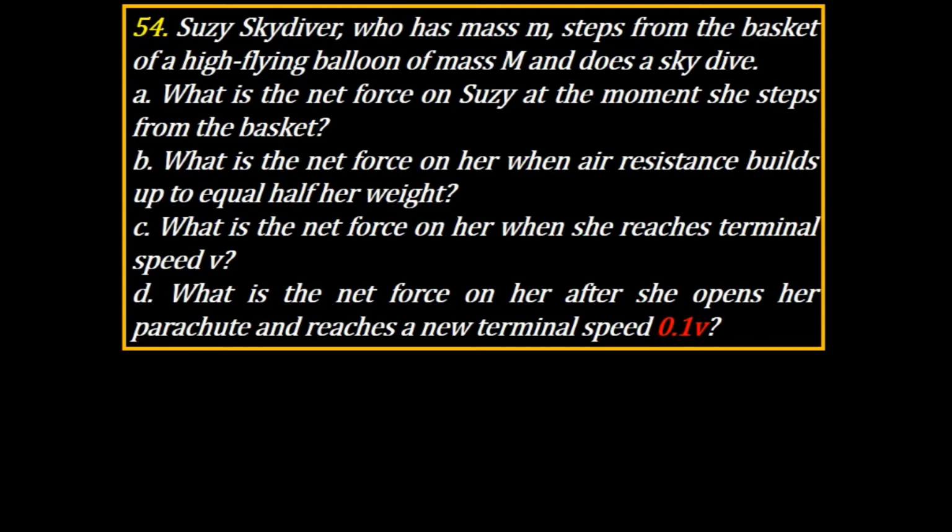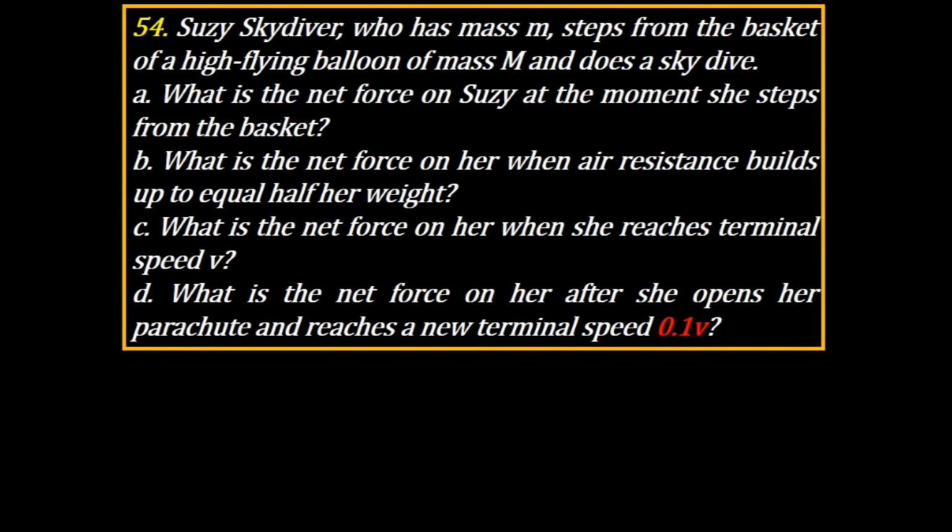So what's the story? Well, as soon as she jumps out of the plane, the basket, the balloon, her net force is equal to her weight because there's nothing contrary to that. Just a split second after. That's A. What is the net force on her when air resistance builds up to equal half her weight? Well, the net force would be half her weight.